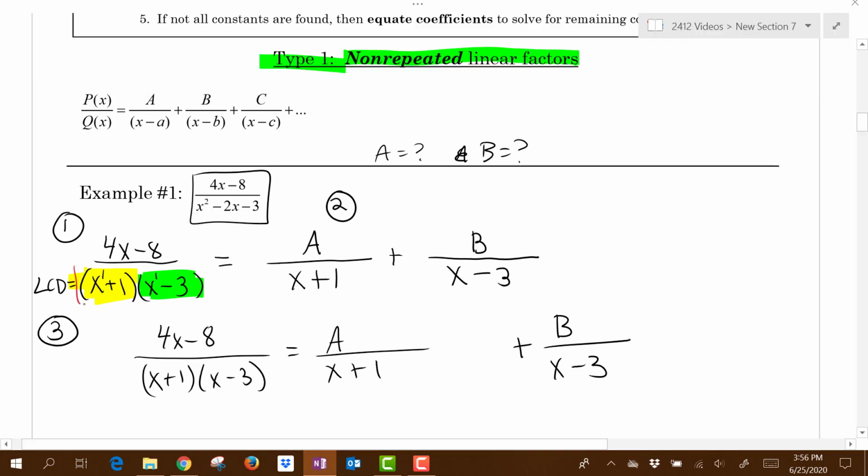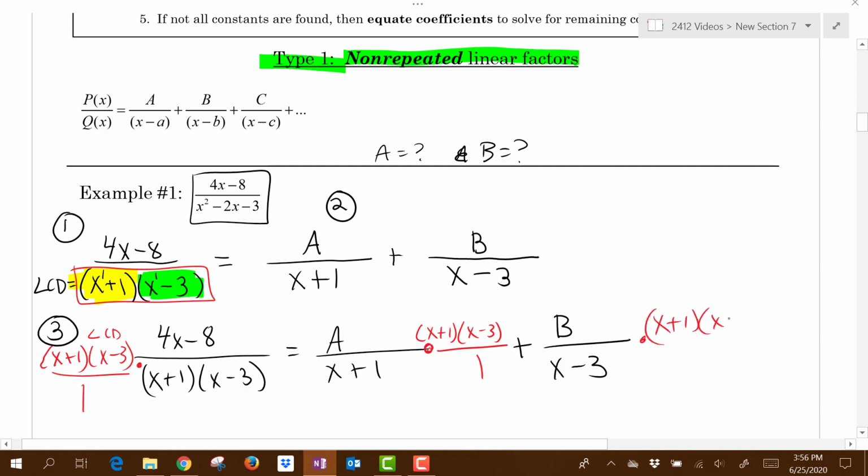Alright, so here's the LCD. And what I'm going to do is multiply everything on both sides by that exact whole thing. If you want to think about it as LCD over 1, you can. Now I have to do that to everything on both sides, so I'm also going to multiply here by x plus 1 times x minus 3. If you want to think about that as over 1, you can.